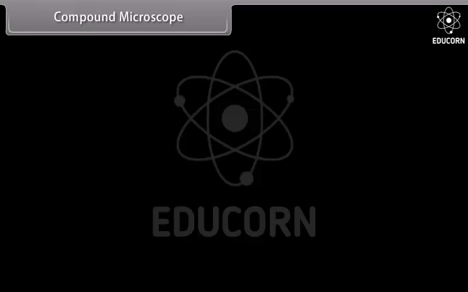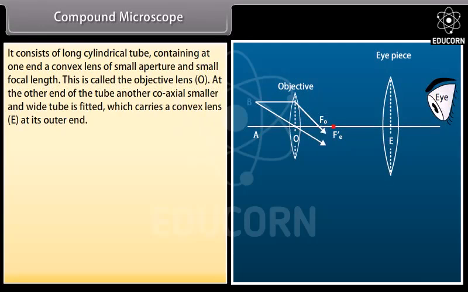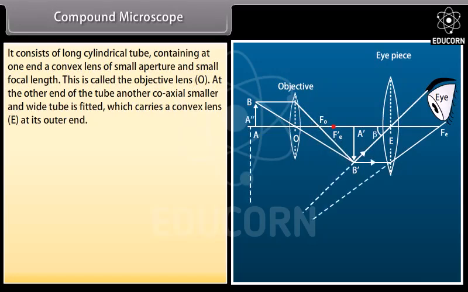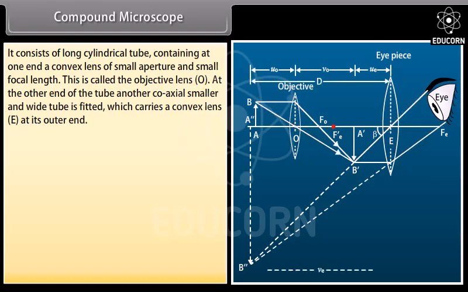Compound microscope. It consists of long cylindrical tube containing at one end a convex lens of small aperture and small focal length. This is called the objective lens O. At the other end of the tube, another coaxial smaller and wide tube is fitted, which carries a convex lens E at its outer end.